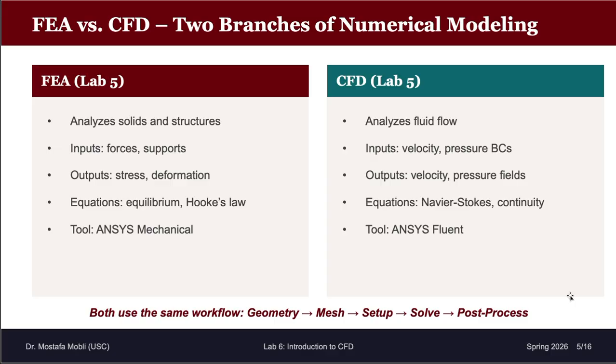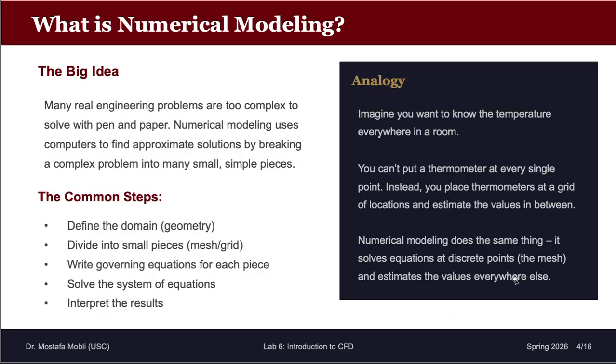In this lab 6, this should say lab 6, we are going to analyze fluid flow. Our inputs are velocity and pressure boundary conditions. The outputs are velocity and pressure fields over the domain. The equations we use are the Navier-Stokes and the continuity equations, conservation of momentum and mass, basically. And the tool we are going to use is ANSYS Fluent.